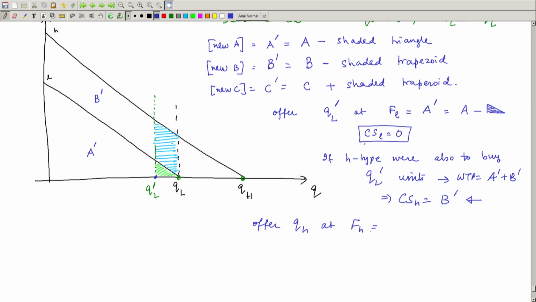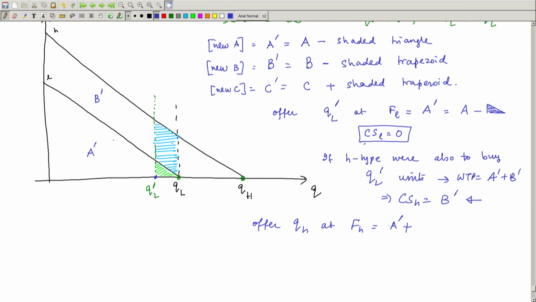So, I leave this B prime and I charge A prime, this plus I offer C plus this area. So, I take away this entire amount. I want to just give him B prime as the surplus.